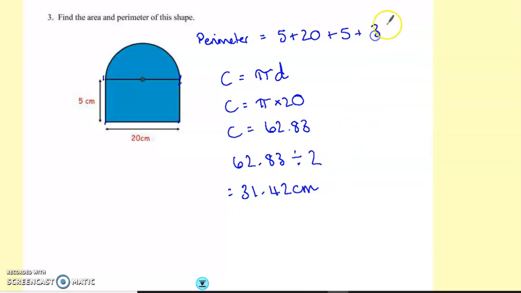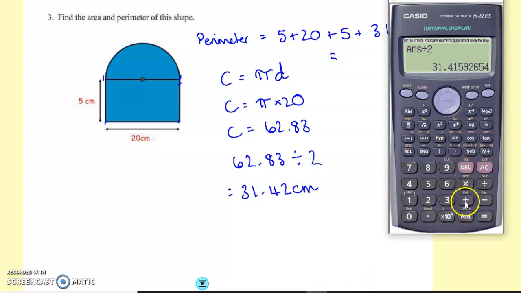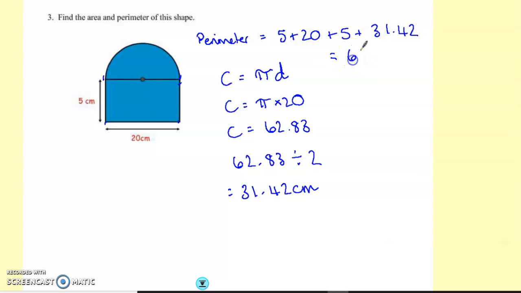So let's add on that 31.42. Plus 5 plus 20 plus 5, and we get a perimeter of 61.42 centimetres.